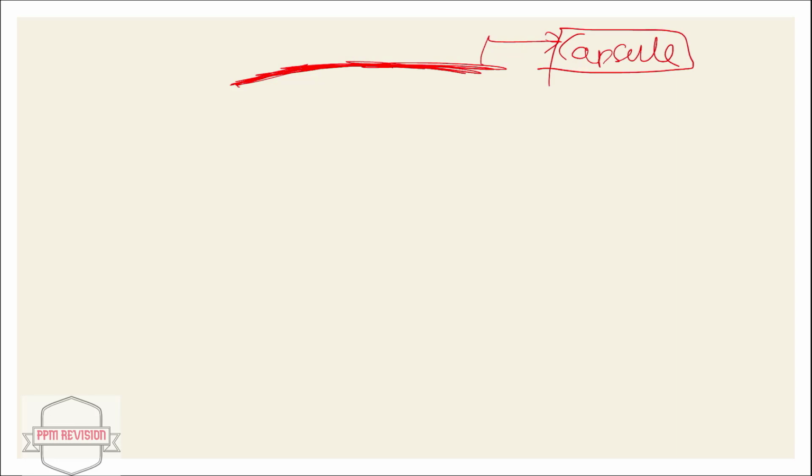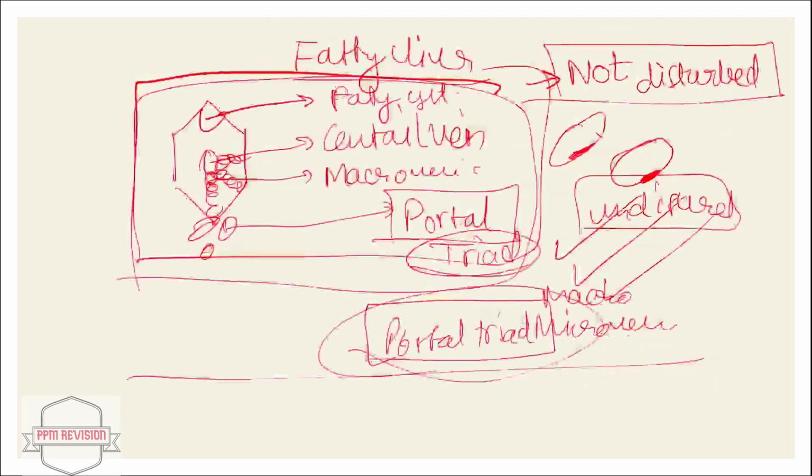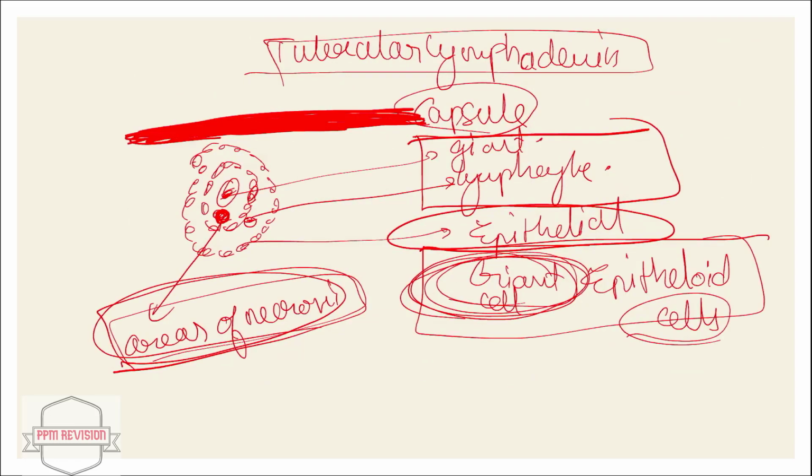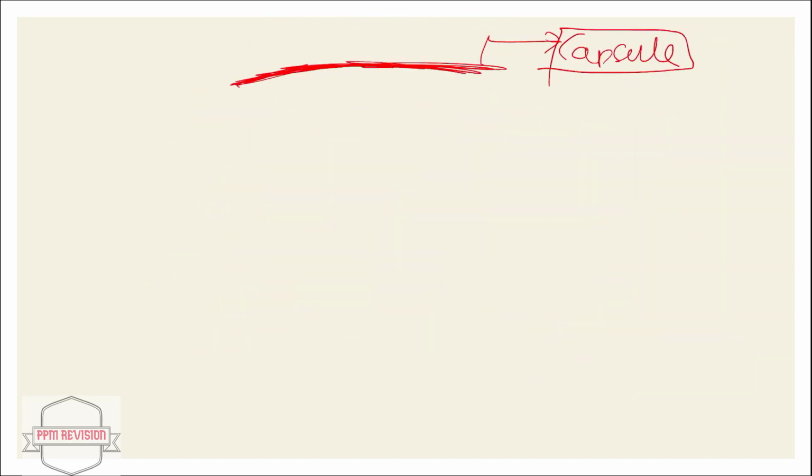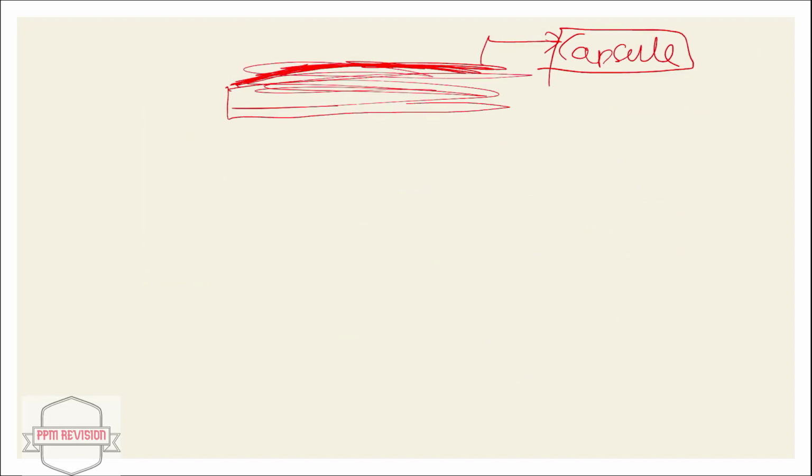In case of the CVC spleen, there is also a presence of a capsule. I want you to recollect, we just discussed a slide and we said one of them is capsulated. Which one is that? Let's go back and see which one is capsulated. It was tubercular lymphadenitis. Now moving back, the same capsule, but here it's thickened.